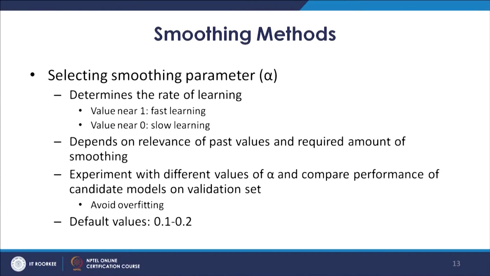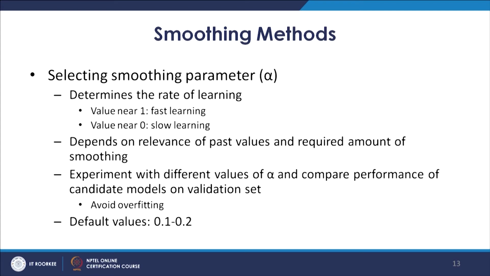Now let us discuss this parameter alpha, the smoothing parameter, and how we go about selecting the value for alpha. As we have talked about, it determines the rate of learning. It is used to compute the weighted average also.